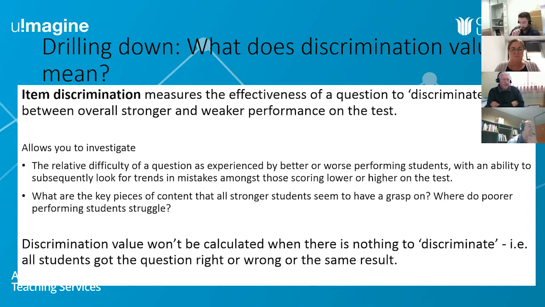I think this stat is pretty useful because it allows you to investigate the difficulty of a question in relative terms, and also allows you to see did students on the test who achieved quite well do well on this particular question, or vice versa for those students who perhaps scored more poorly.